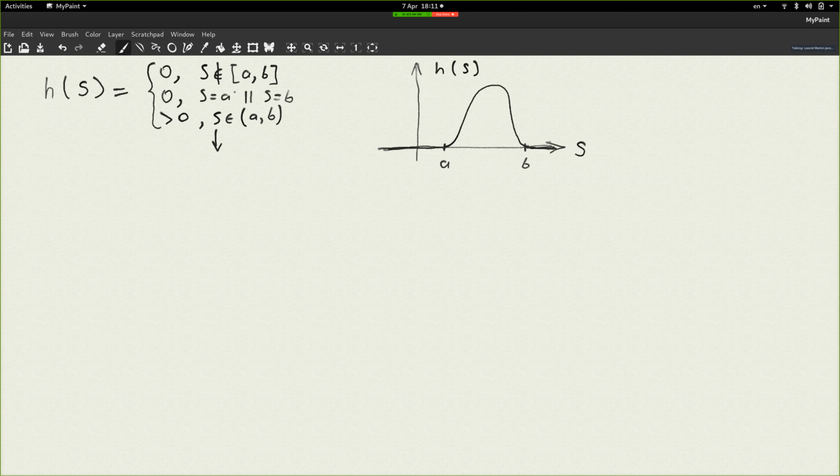We'll need this technical property. And let's say its derivatives at A and B vanish as well. So h prime of A equals h prime of B equals 0.